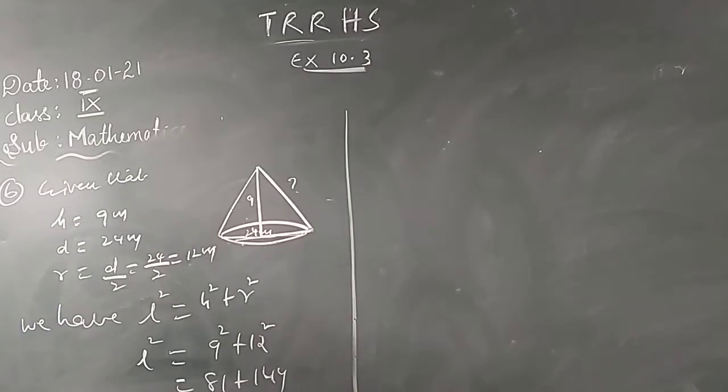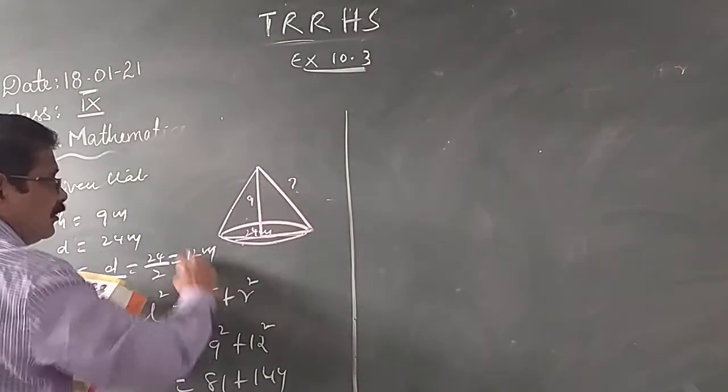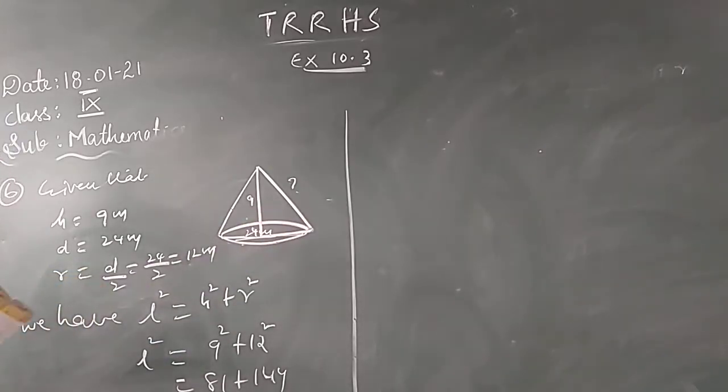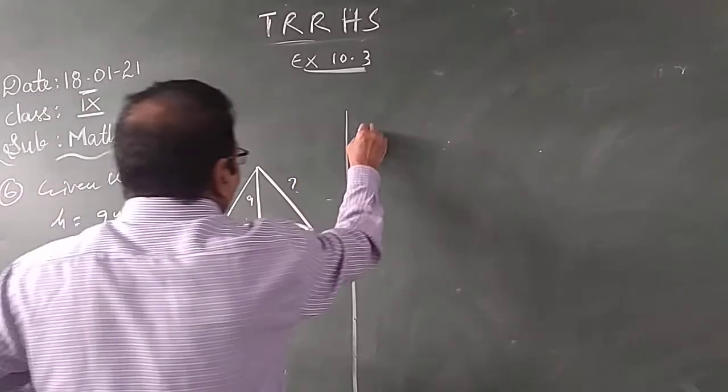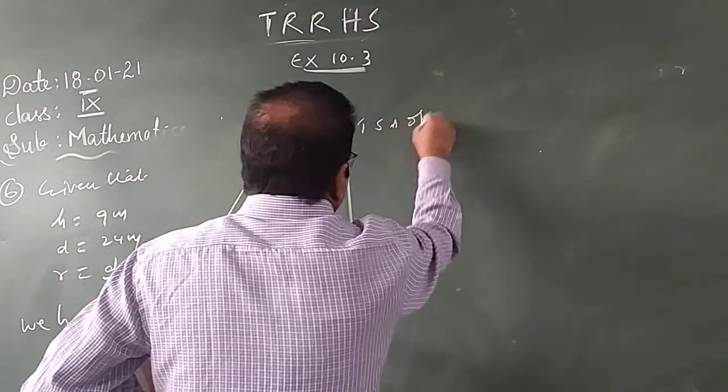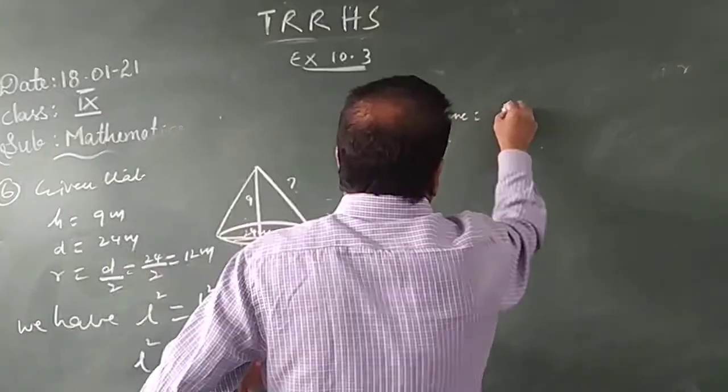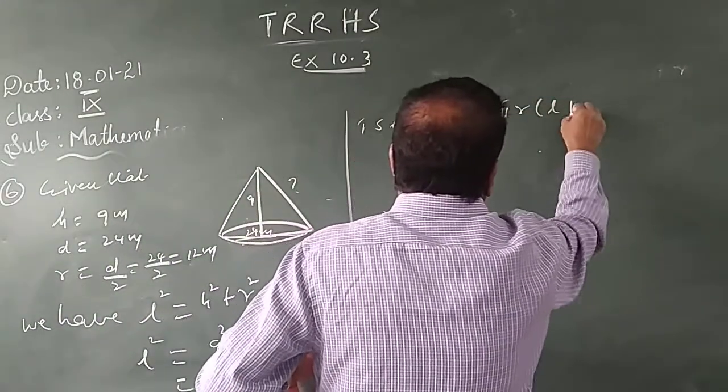What is the slant height? Find the cost of canvas to cover this, the total cover. Find the total surface area. The total surface area of the cone is equal to pi r into L plus r.